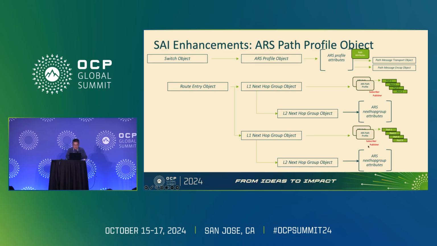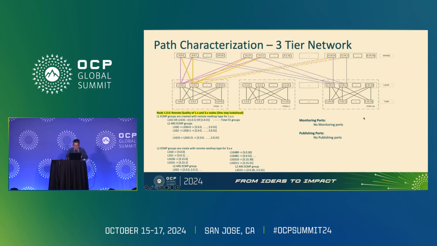One is the publisher, which is for the downstream node to monitor its quality, and the other is the subscriber, which is targeting the upstream node to listen to the quality changes. I think that is the core idea.